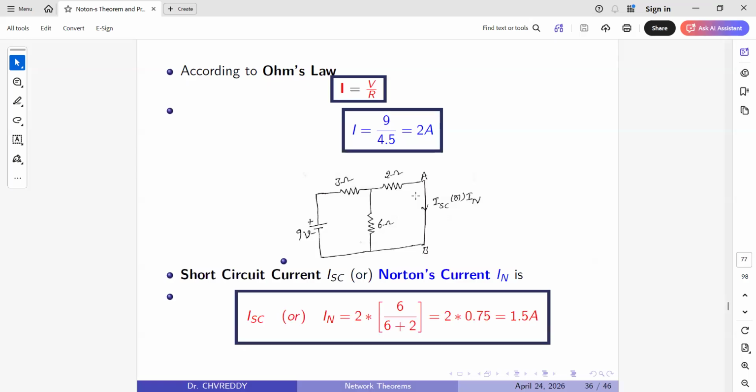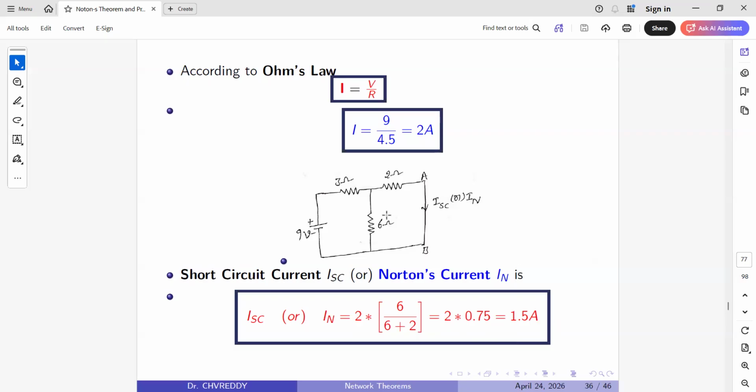That is equal to the total current, 2 amps, into the opposite resistance, 6 ohm, because I am calculating how much current is passing here, divided by the sum of the resistances, 6 plus 2. So 2 into 0.75 is equal to 1.5 amps. So this is the short circuit current or Norton's current.